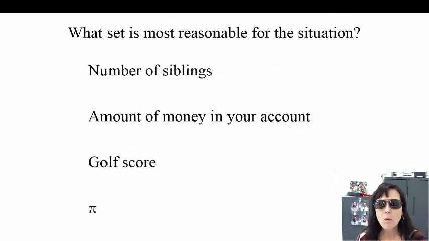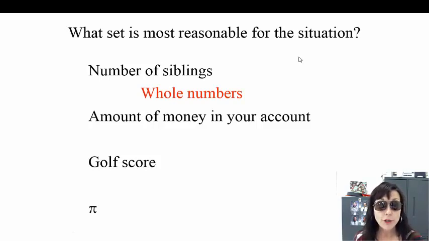Now let's talk about what set of numbers these items fit into. If you were talking about the number of siblings that you have, would you talk about rational numbers? No, I don't think so, because you don't have half of a sibling. This type of category would fit into whole numbers. You could have no siblings. You could have 1, 2, 3, 4.